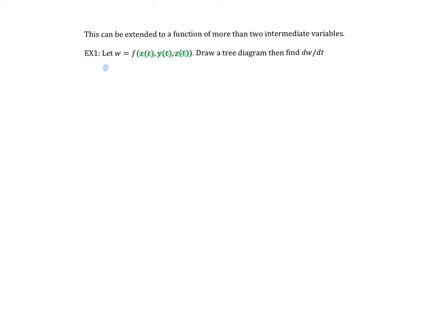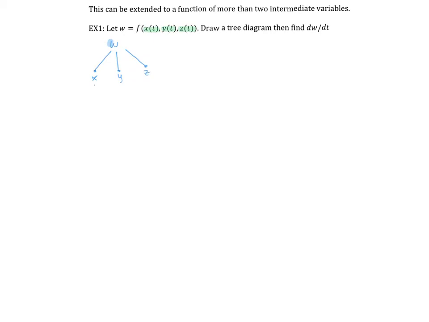So we start out with our w, and it's written in terms of x, y, and z. So we break this up into three branches, x, y, and z. x is a function of t, y is a function of t, z is a function of t.